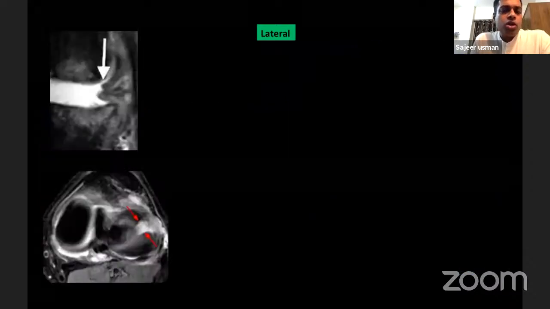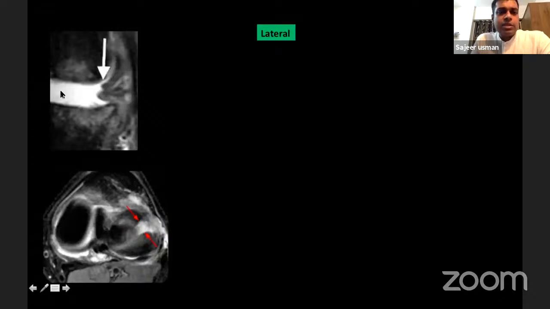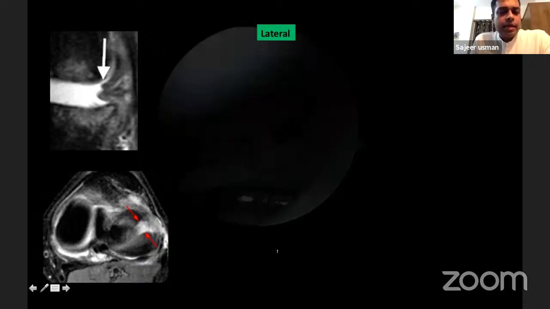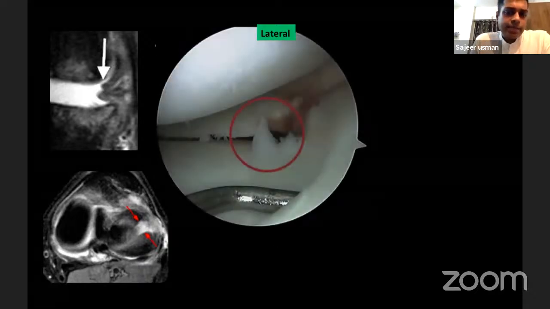But watch out for these radial tears, which extend right up to the periphery. You may pick up just one coronal image where it is extending right up to the periphery. And if you are well versed in reading axial images, you can find the tear is a full thickness body tear of the lateral meniscus, radial tear, extending right up to the periphery.